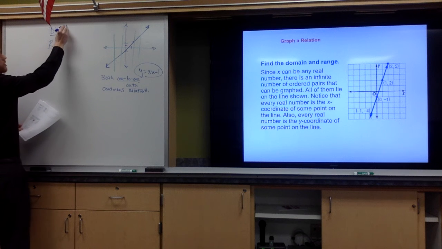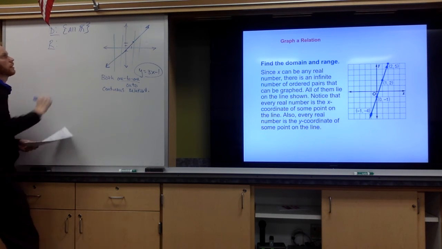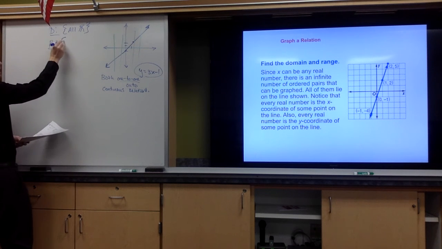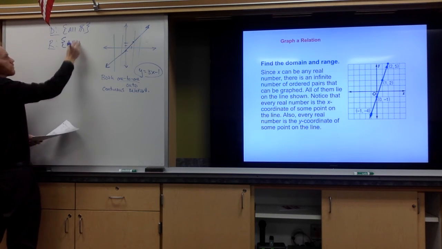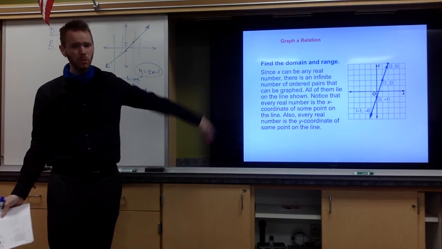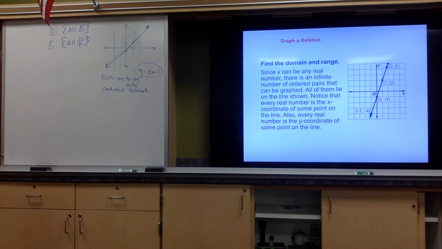It's all real numbers. So all real numbers. Okay? I'll use the symbol just to abbreviate. My range would be all real numbers because once again, I'm hitting every y value up there, right? So they're both infinite. So all real numbers for both.